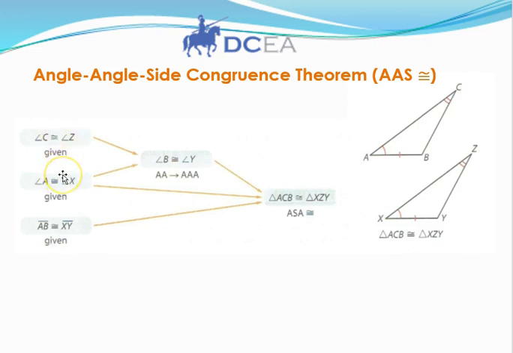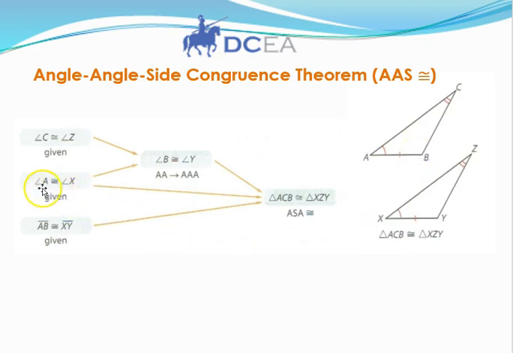The first 2 angles, the arrows show, go to a third concept, and this is a third angle. And we can prove the third angle by AA postulate. Okay? So remember that that postulate says that if you have 2 angles congruent in 2 sets of triangles, then the third will be congruent.